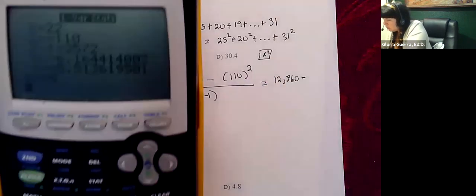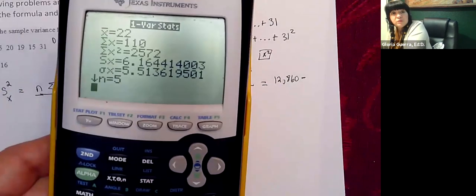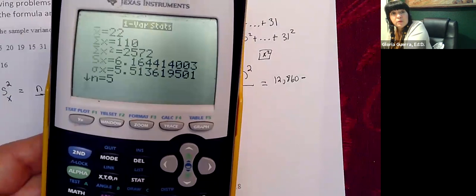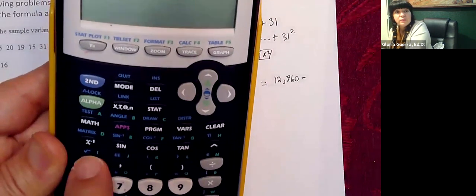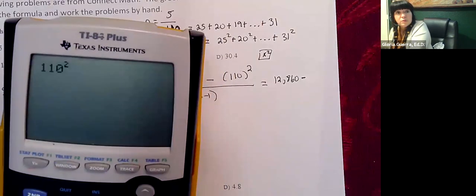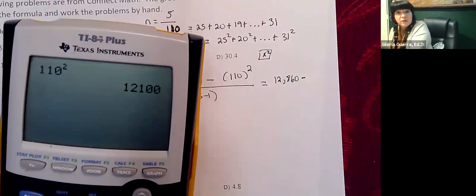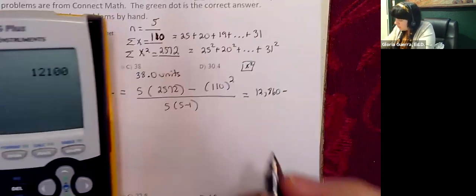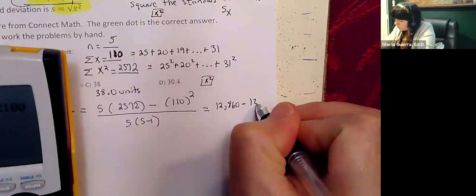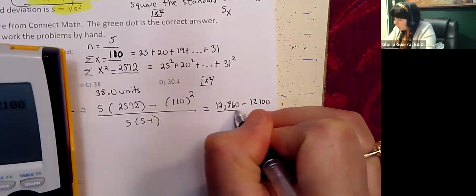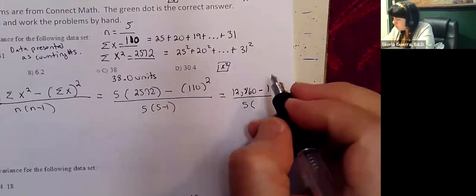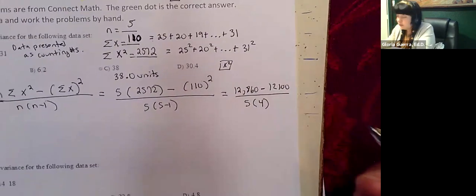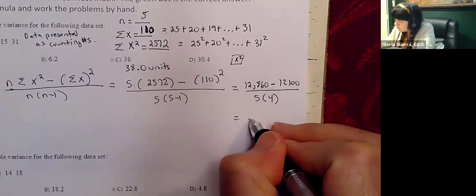You just type 1, 1, 0, and square, enter. So it gives you 12,100. Okay, and then you're going to divide it by 5 times 5 minus 1, which is 4. Then that gives you, on the bottom, 20.